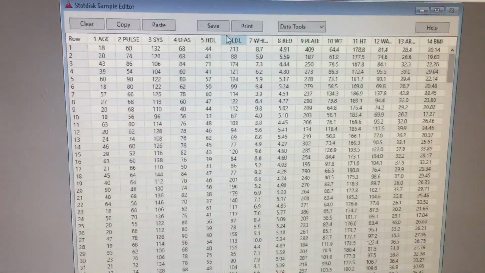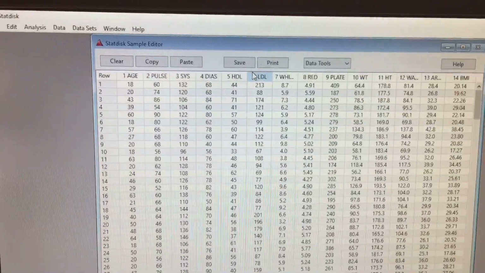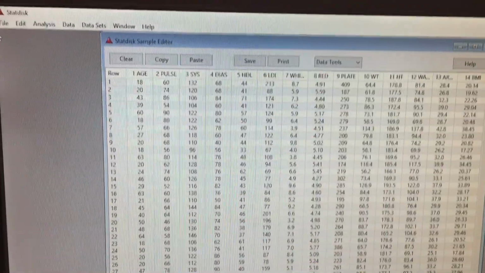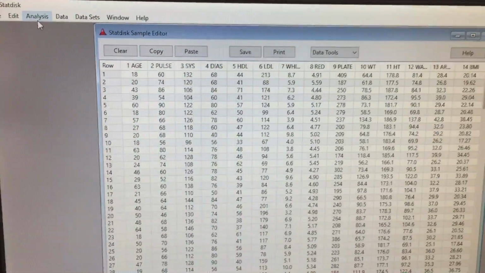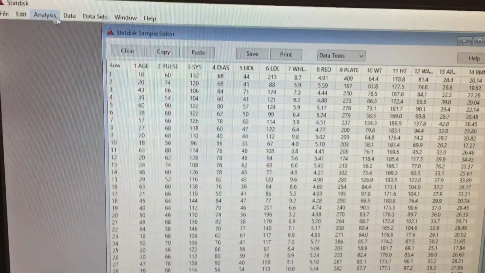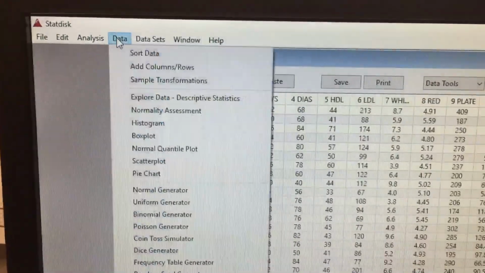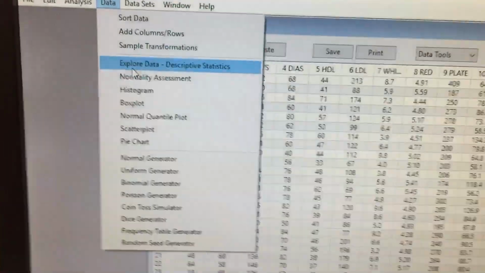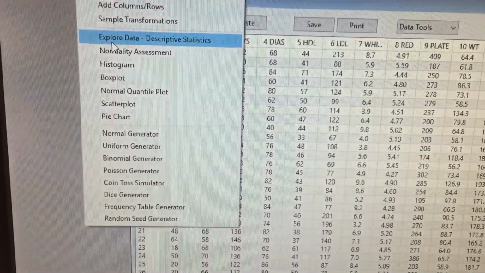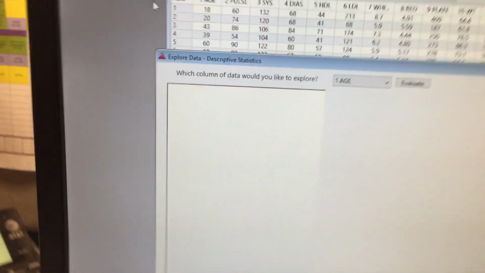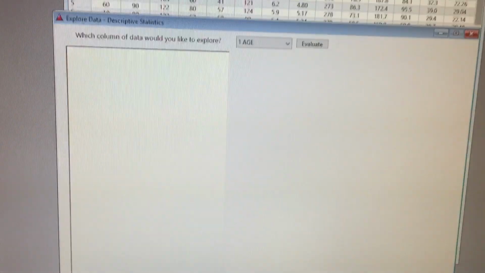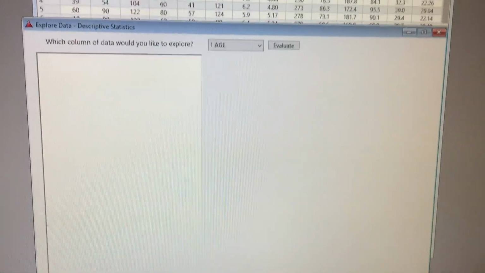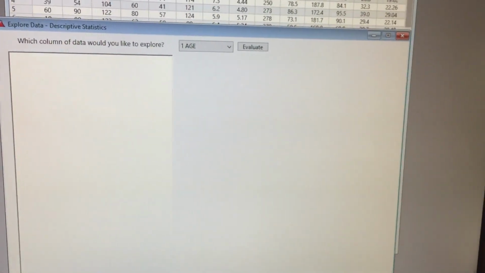Alright, now in this case here, we want the descriptive statistics. We need to get that first. So up here, I need to go to Data. Then I'm going to go down to Explore Data, which is Descriptive Statistics. And then it's going to ask me which column of data would you like to explore.